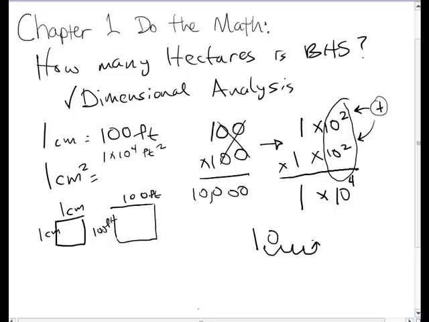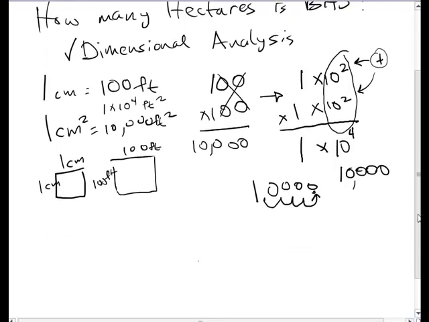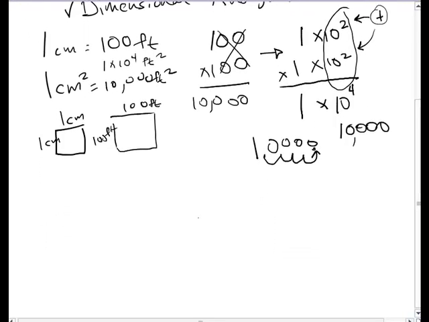You move the decimal over 4 places, or you could just add 4 zeros, 1 with 4 zeros. So that is 10,000 feet squared. Now we have our first conversion. I'll do a math video on scientific notation. It's kind of tricky. So our first conversion is that 1 centimeter squared on our map equals 10,000 feet squared.